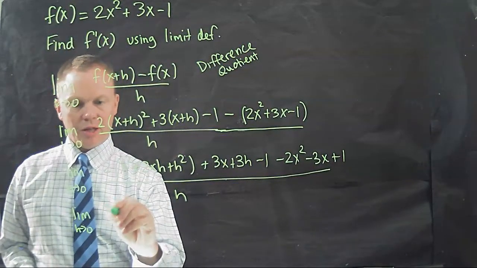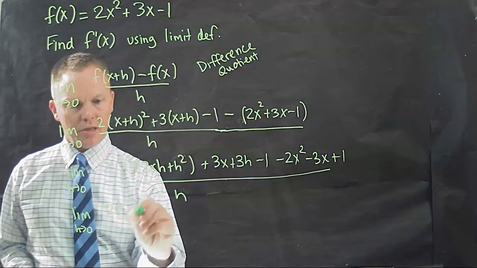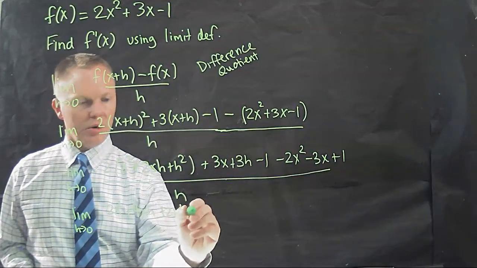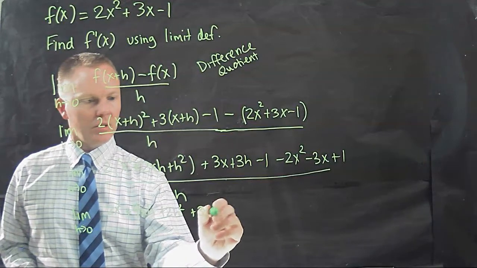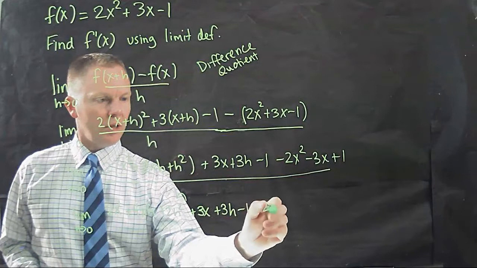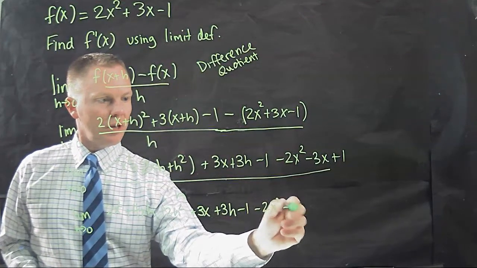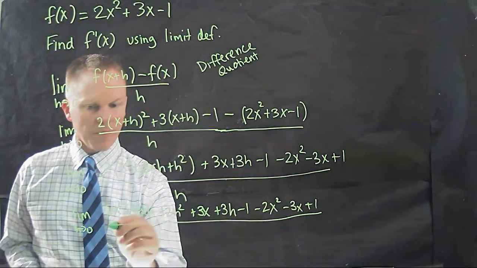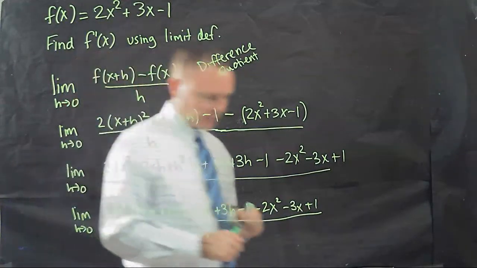So now I'm going to distribute that to 2x squared plus 4xh plus 2h squared plus 3x plus 3h minus 1 minus 2x squared minus 3x plus 1, all over h.